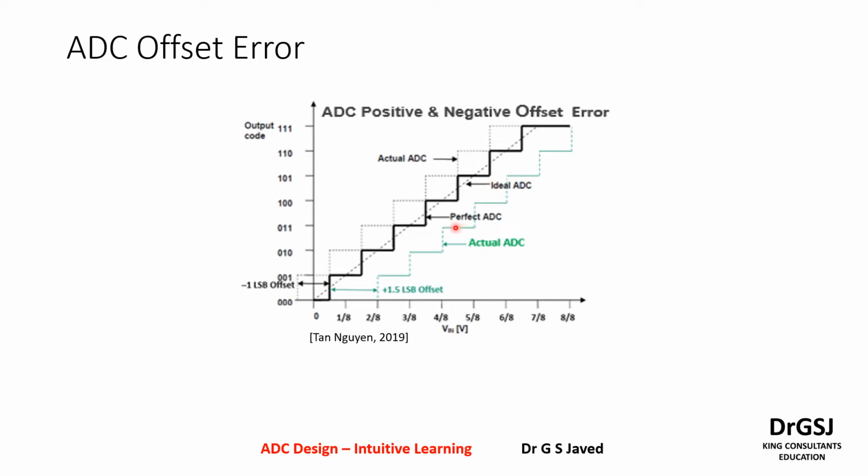Now, in most cases, you will see that the actual ADC does not start from 0. The actual ADC output might have a slightly different offset. You could say it is either having a positive offset or a negative offset.